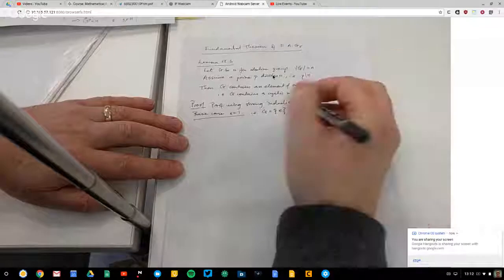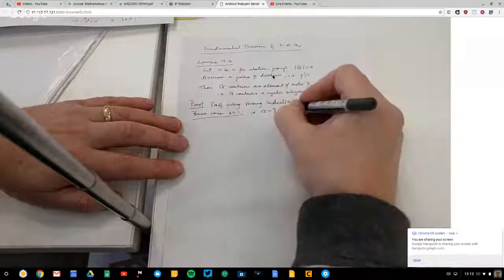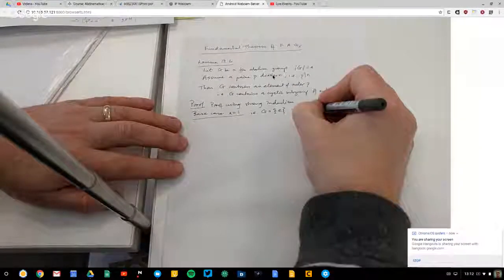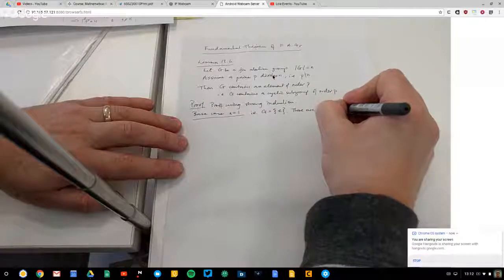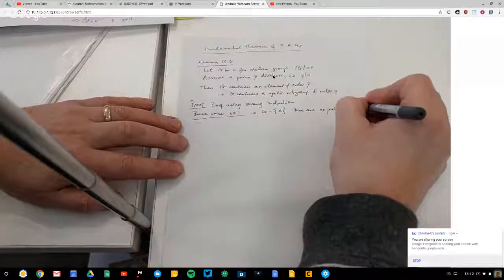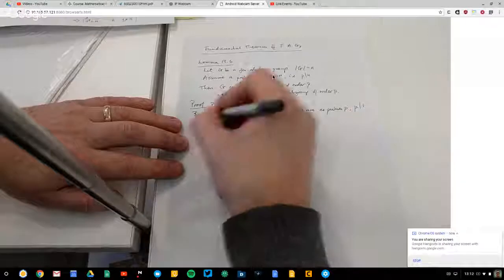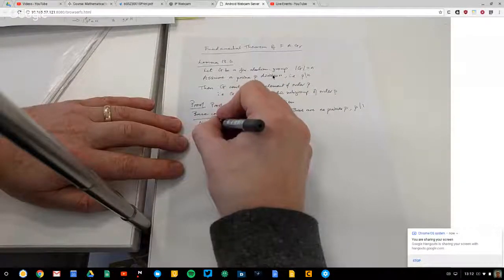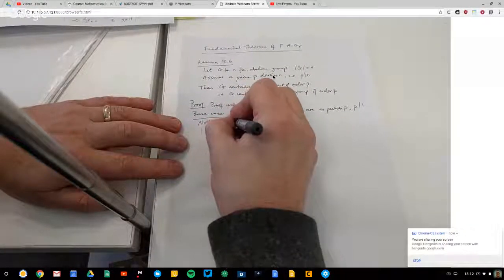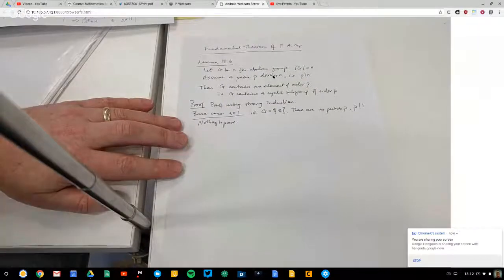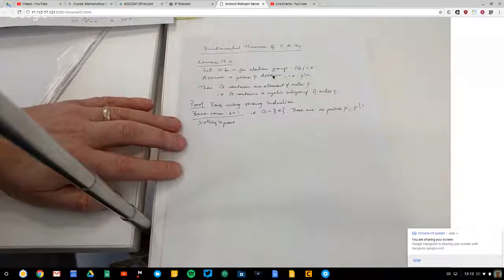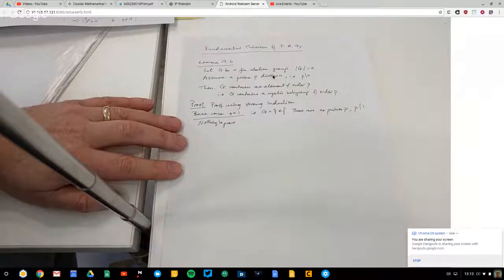Okay. It has order 1, but there are no primes P such that P divides 1. So literally nothing to prove. Okay.